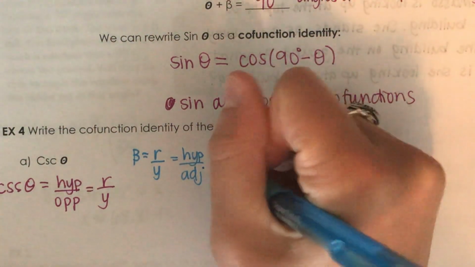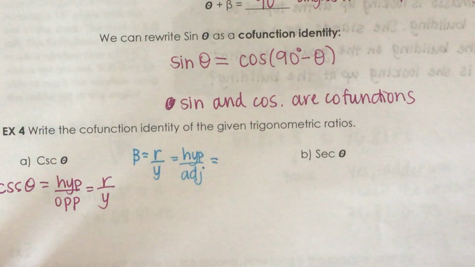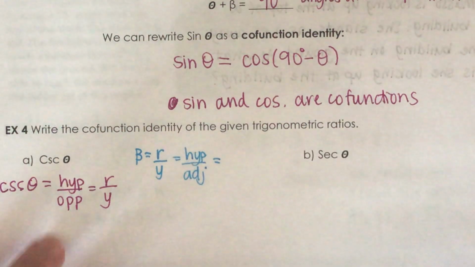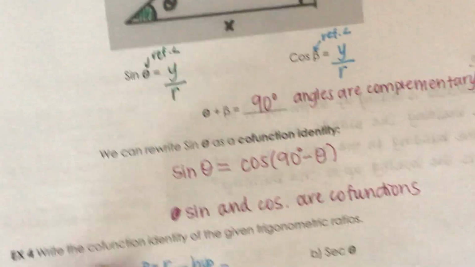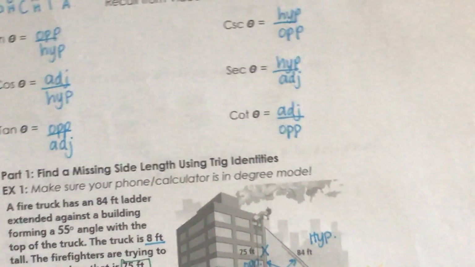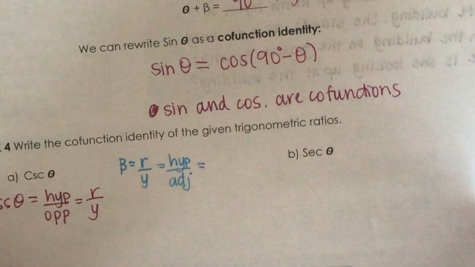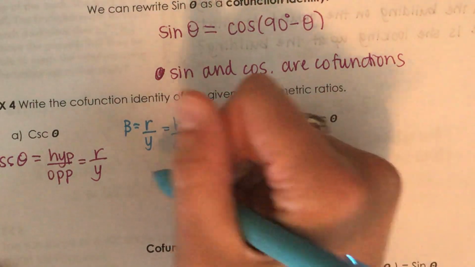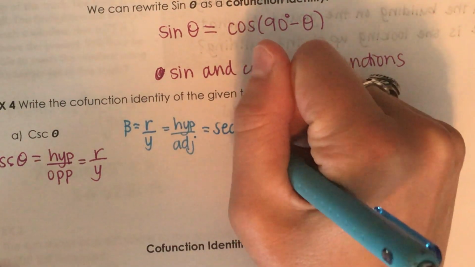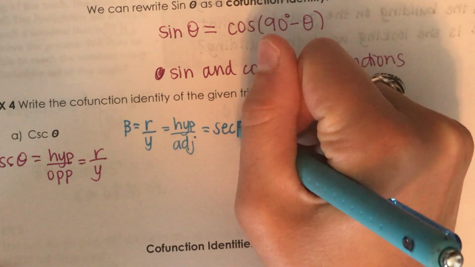Hypotenuse over adjacent. Now, if I go back to my 6 trig functions that I know, which one is hypotenuse over adjacent? It is the secant. So this one here is the secant of beta.